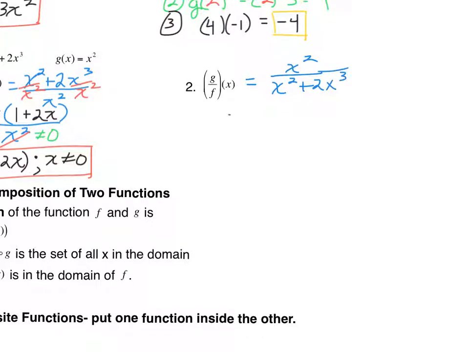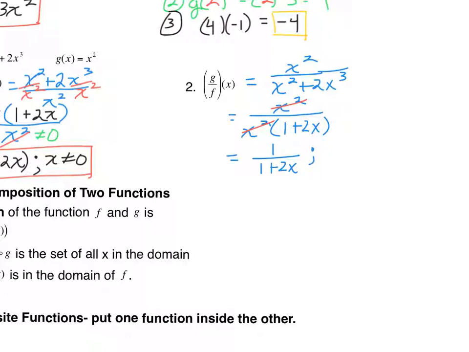Then you're going to have to factor the numerator, which we can't, and factor the denominator, which we just did on the other one, so I'm not going to explain that again. So we got 1 plus 2x. And of course, just like before, you can cancel these, but unlike before, if everything cancels in the numerator, you have to replace it with 1. So we end up with 1 over 1 plus 2x.